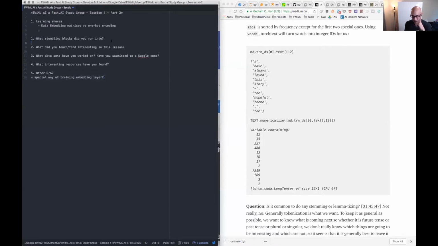Cool. So what other questions or stumbling blocks did folks run into with the language modeling stuff? Anything that hasn't come up yet? So for me, there were a couple of tweaks that were needed in the code, so it didn't run as it was. Nothing major, but a couple of things.